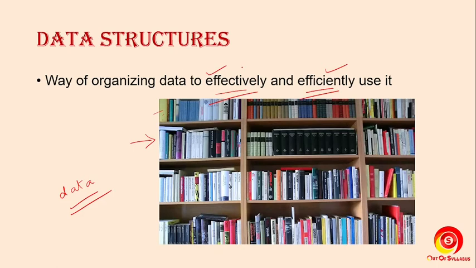So in order to effectively and efficiently use data, we'll be using the concept of data structures. Data structures, in computer terms, are something which is organized inside your main memory, such as the RAM.